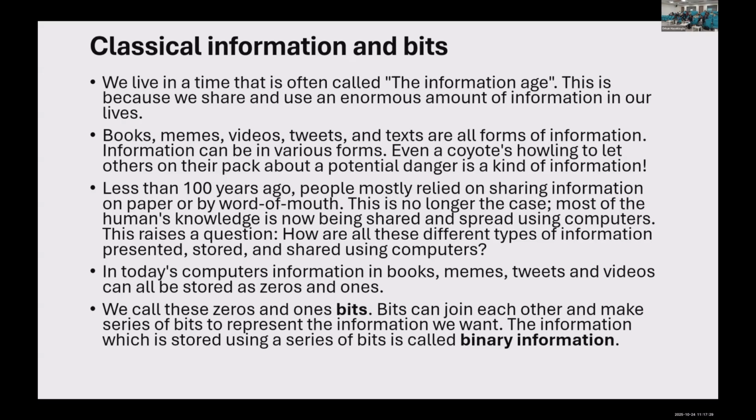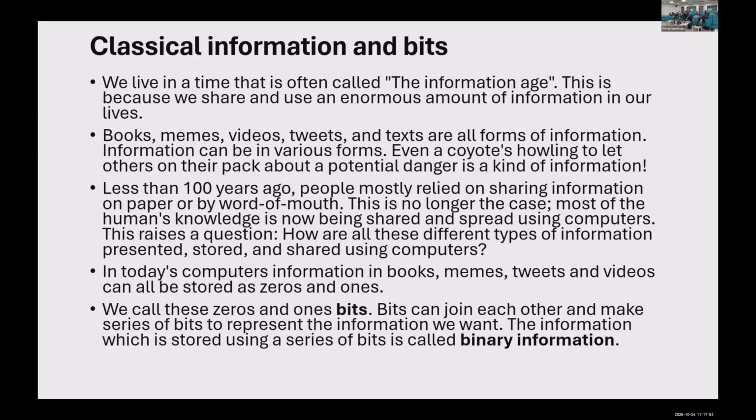Less than 100 years ago, people mostly relied on sharing information on paper or by word of mouth. This is no longer the case. Most of human knowledge is now being shared and spread using computers. This raises a question. How are all these different types of information presented, stored, and shared using computers?